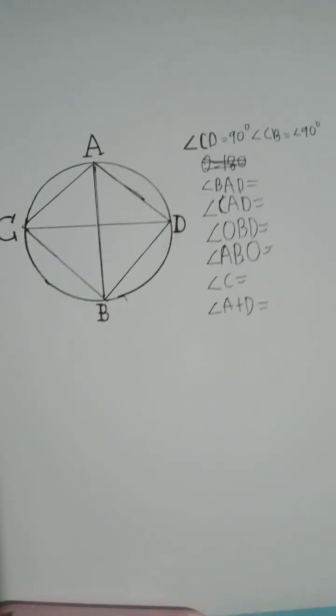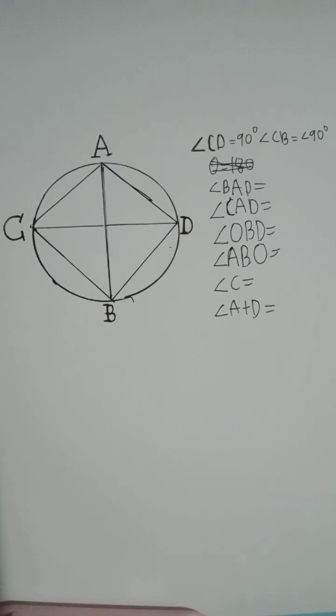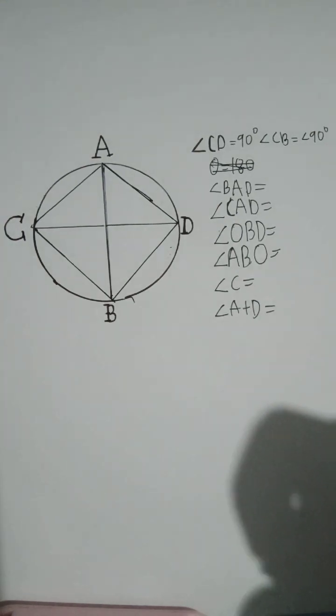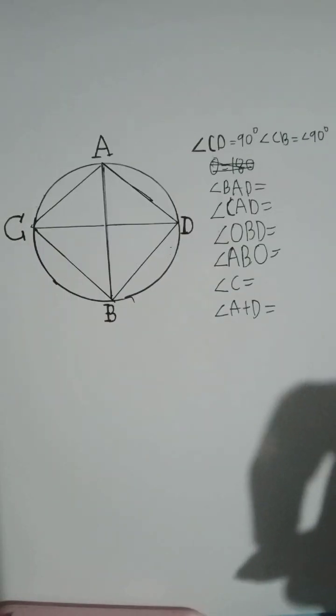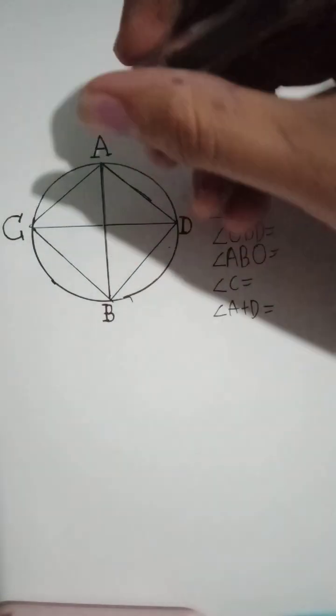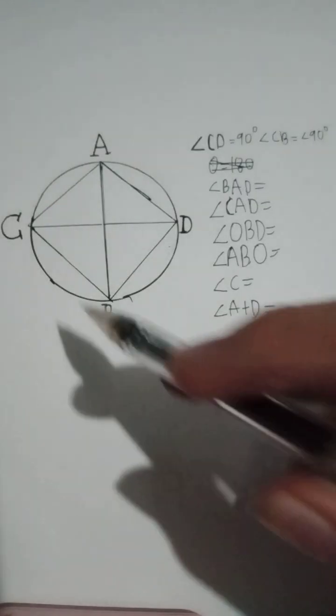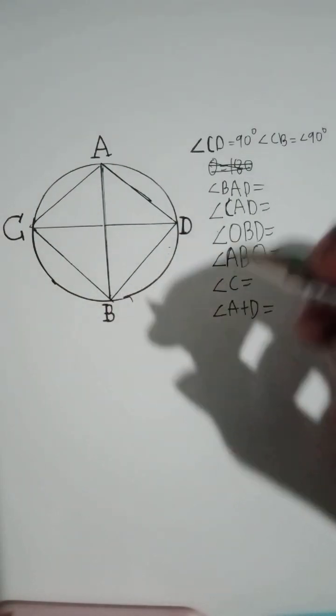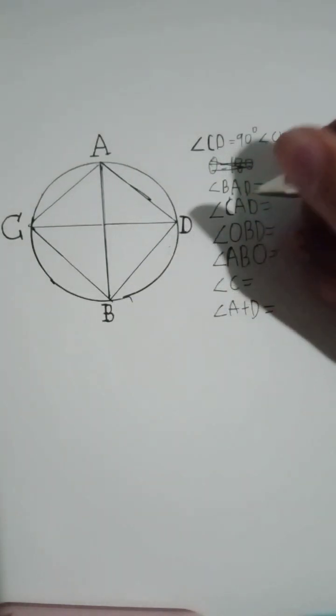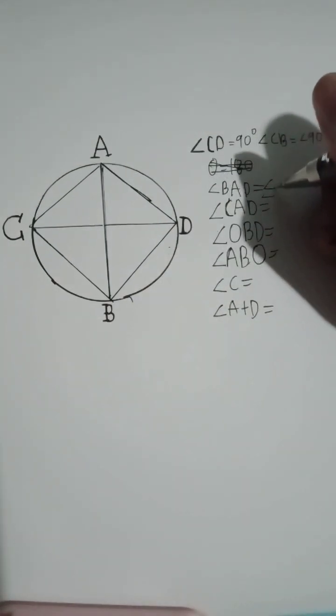In the next one, we're going to use everything that we have learned in one question. Let's answer this using everything that we have learned. First is the angle in a semicircle theorem. You can use it since this part must be 90 degrees, since this is a semicircle. Half of the 90 degrees is 45 degrees.